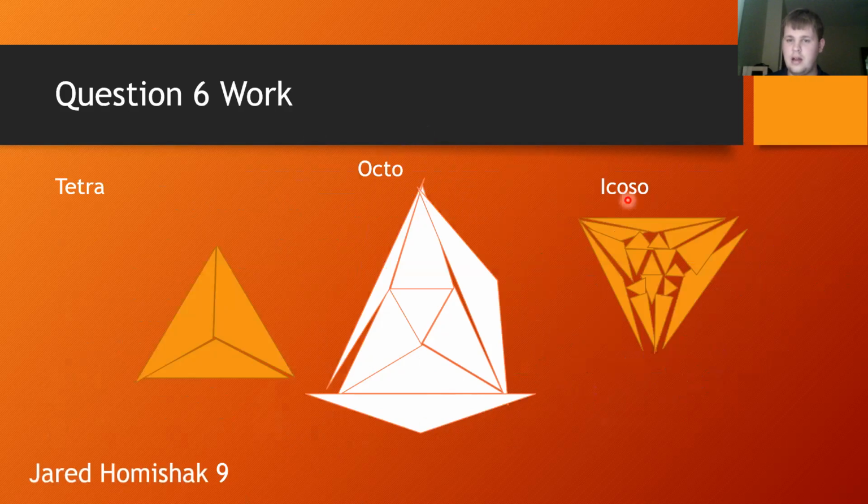And then the isohedron is a 20-faced polygon. Yeah, it may come out messy, but I promise you, it's going to be okay. As long as you can show me the different individual triangles, I will not be too picky, because that would not look good on my end, as you can see how well this went for me.